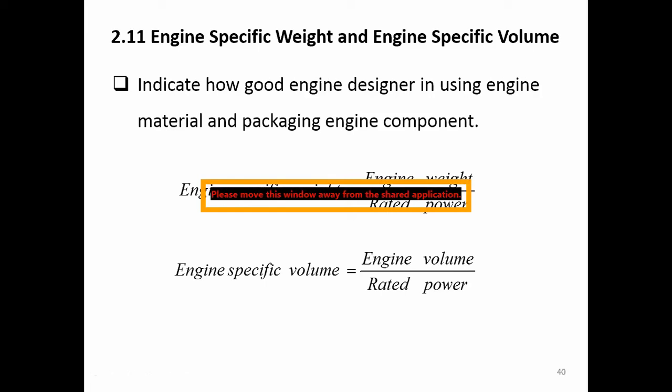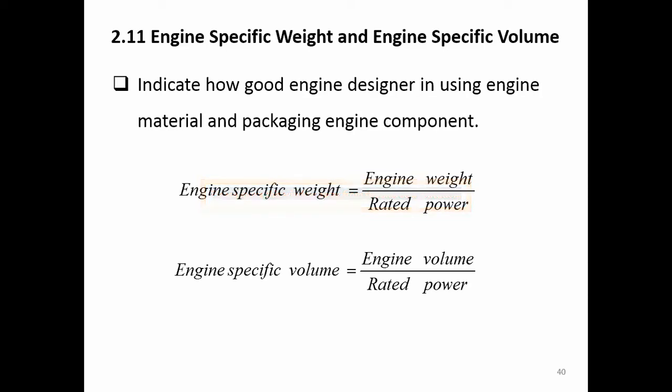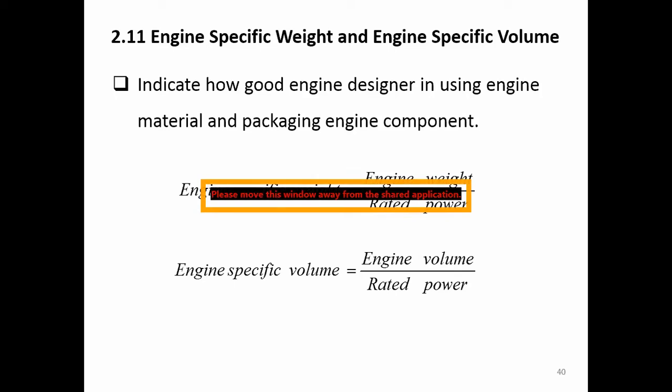That means your engine volume is high, that means your engine is big, right? And your rated power, the power delivered from that engine, is low. So you still think that if these two parameters are high, it's still a good engine for you? Do you still think so after my explanation?